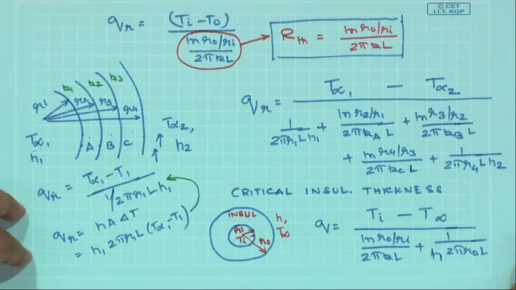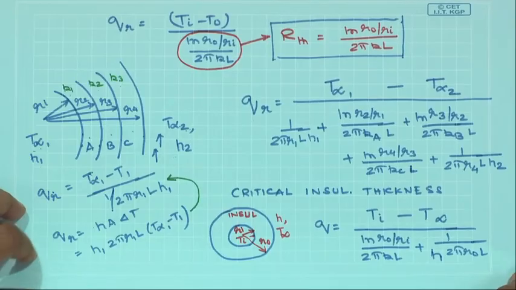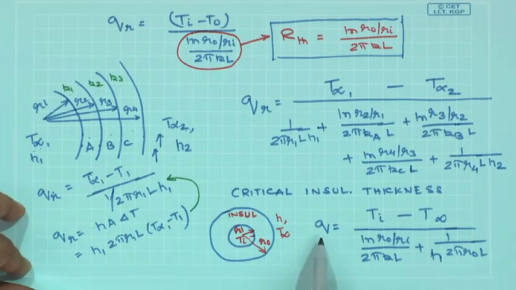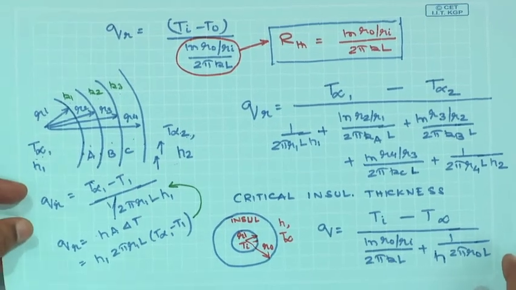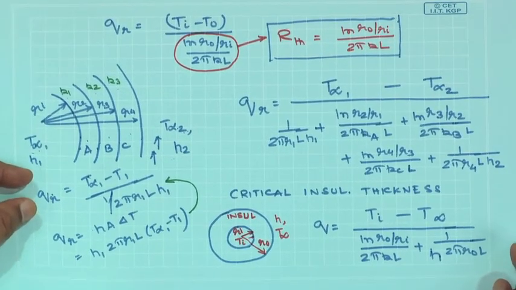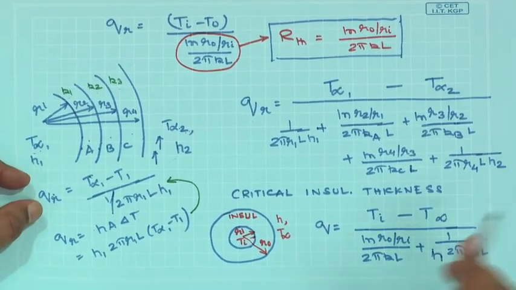So, if this is Q, I am going to see if it is possible to mathematically get at which point my heat flow is going to be maximum. If I can do that, then I will probably get an idea of the concept of critical thickness of insulation.